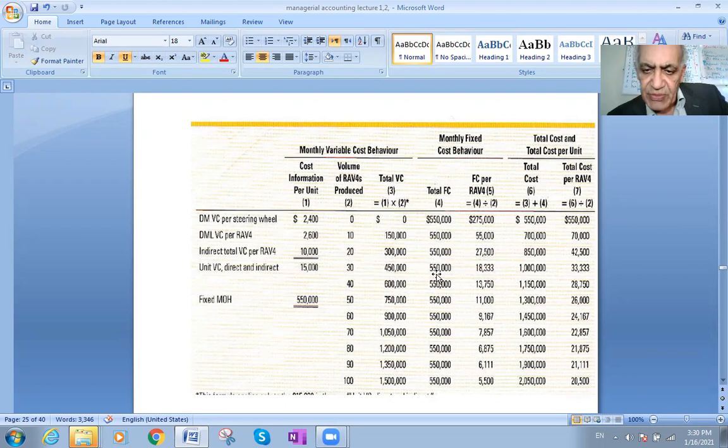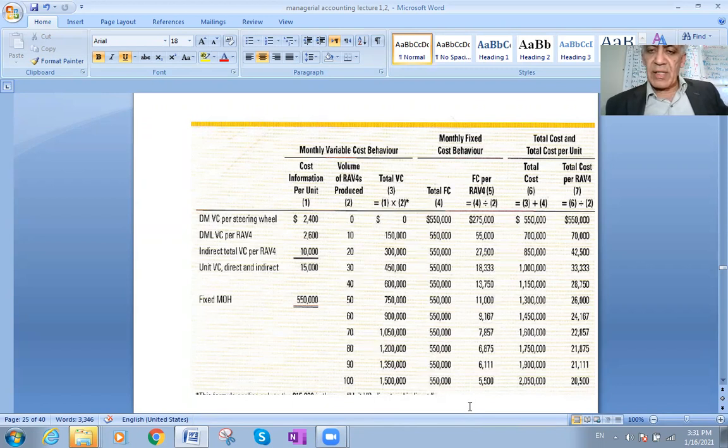Let's go for the next one, which is 550,000 divided by 30. It will give me 18,333 and so on. The rest of this column will be the same. I will divide all the numbers of column number 4 by the numbers of column number 2.